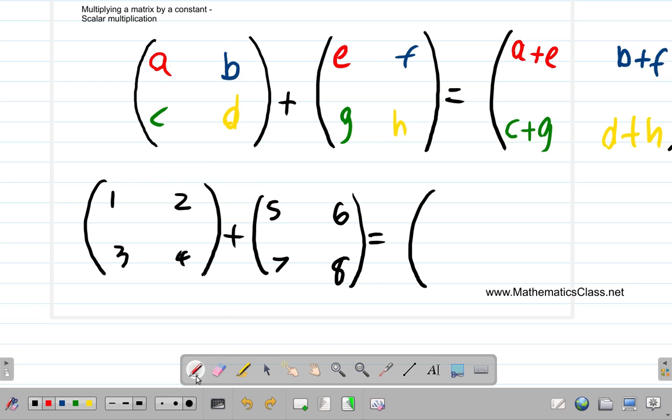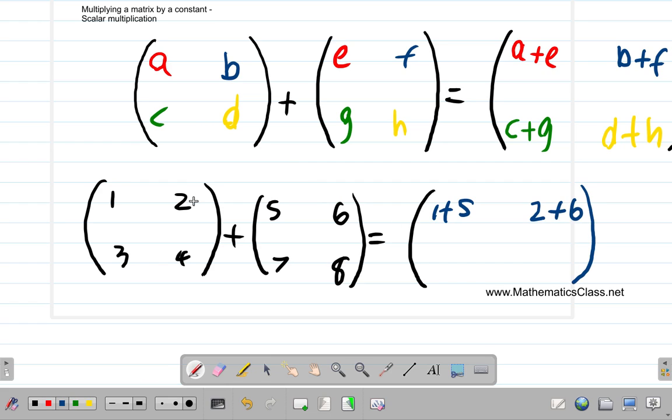So it's 1 plus 5. See that? Next is going to be element in row 1, column 2, plus element in row 1, column 2. That's going to be 2 plus 6.